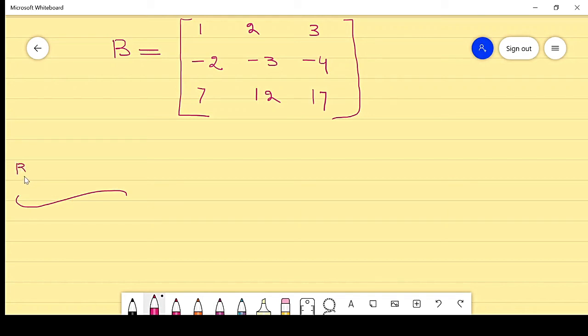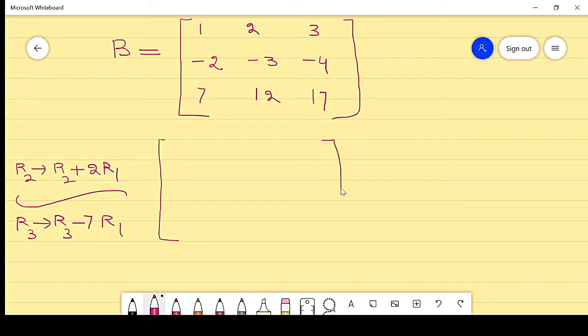So first R2 equals R2 plus 2R1, and R3 equals R3 minus 7R1. So this will become first row 1, 2 and 3, and second will be multiply by 2, then add.